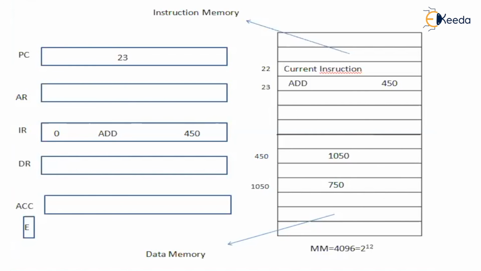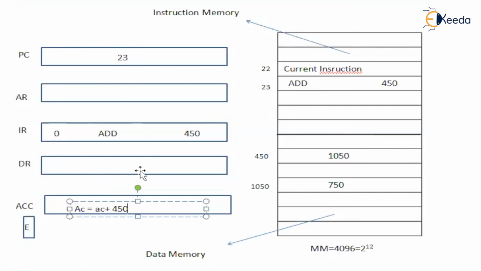It is not memory of 450. I will write it here. Accumulator is equal to accumulator plus 450. It is not memory of 450. 450 here is a direct value. I'm not going to the memory location. That is what the immediate addressing mode is all about.